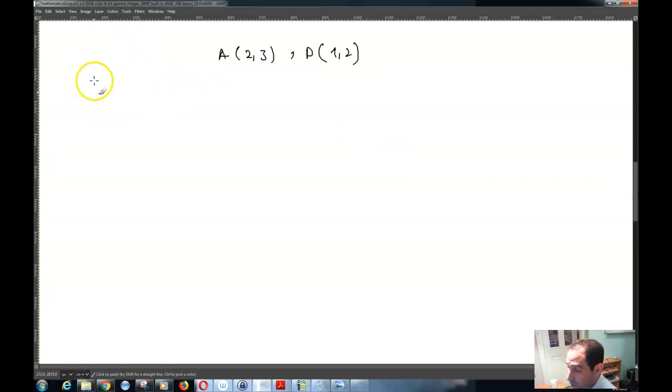So what I can do is use the distance formula: AB is equal to the square root of x2 minus x1 whole squared plus y2 minus y1 whole squared.